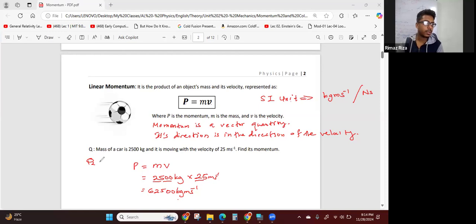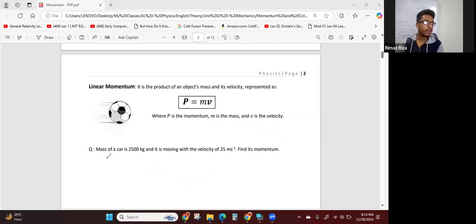Question number 2. Mass of a ball is 400 grams and it's moving with the velocity of, let's say, 18 kilometer per hour.